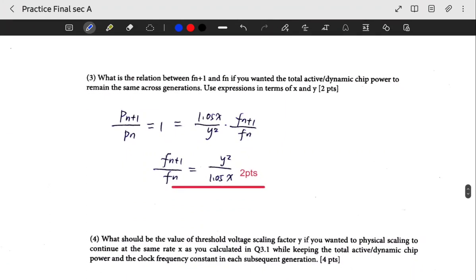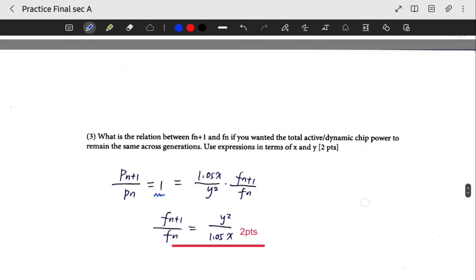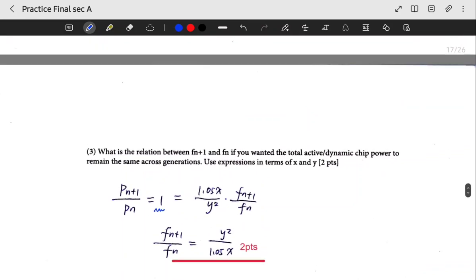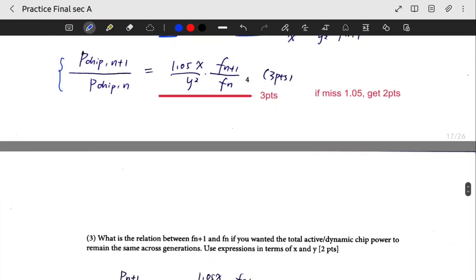So third question is, what is the relationship between Fn plus 1 and Fn if you wanted the total dynamic chip power to remain the same across the generation, which means you want to have a ratio equal to 1, and we found the relationship of x and y and frequency from the previous question here.